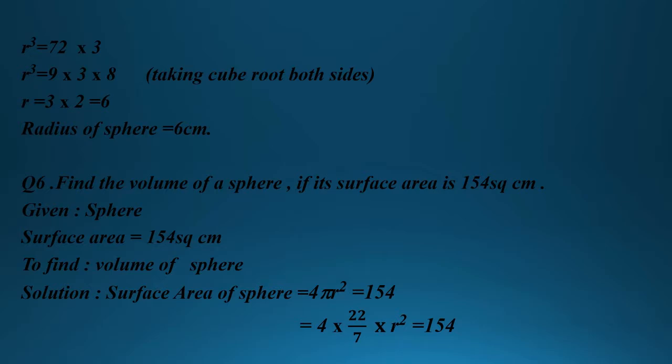Substituting the value of pi, we get 4 multiplied by 22 by 7 multiplied by r square is equal to 154. Therefore, r square is equal to 154 into 7 upon 4 into 22. We get r square is equal to 7 into 7 upon 4. Taking square root both sides, we get r is equal to 7 upon 2, which is equal to 3.5 centimeter.